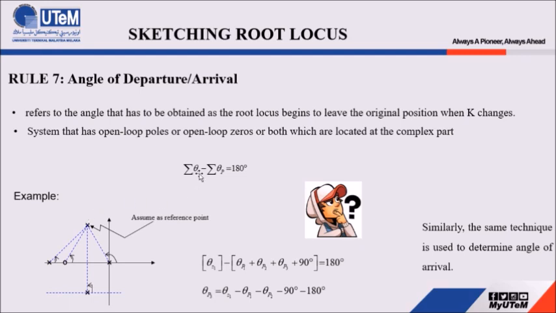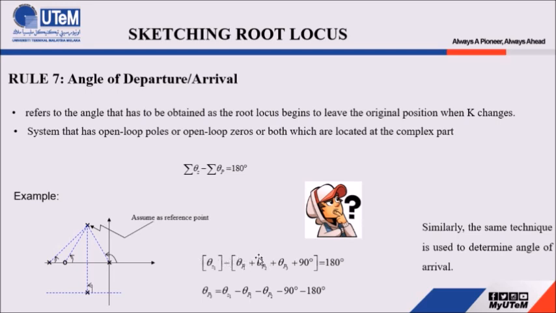For zeros, there is only one zero here, so we just use the Pythagorean theorem to get this theta, and then we put all of this into this equation. In this case, this value can be calculated from here through the Pythagorean theorem. This one also can be calculated through the Pythagorean theorem.